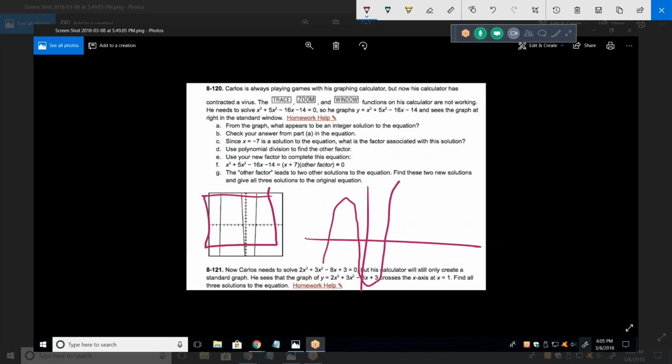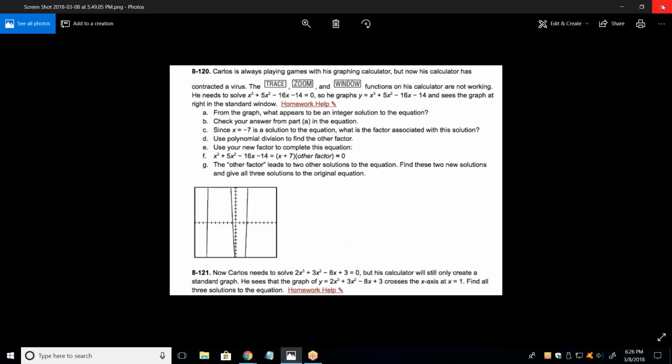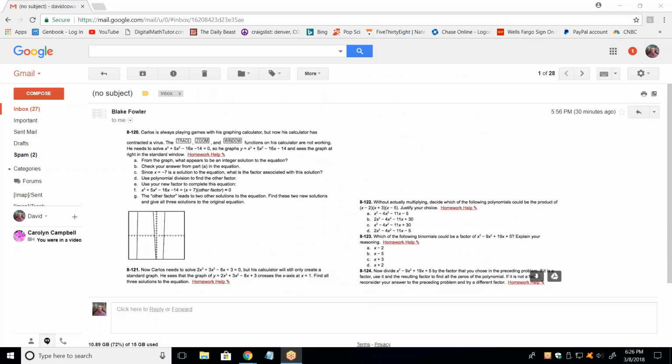All right, is 8.121 on another page, or is that one we need to do? That's the next page that I emailed you. Okay, let's go find it. That's 8. Okay, I got it. I don't see 8.21 on there. I think that it's just 8.22.